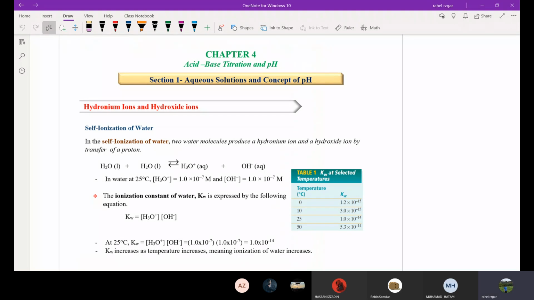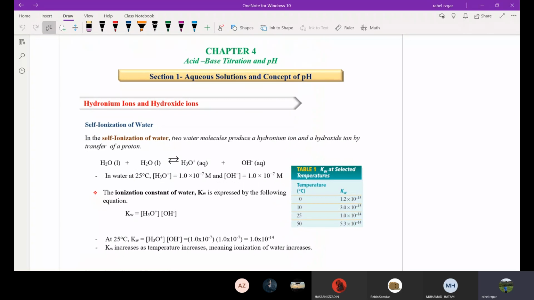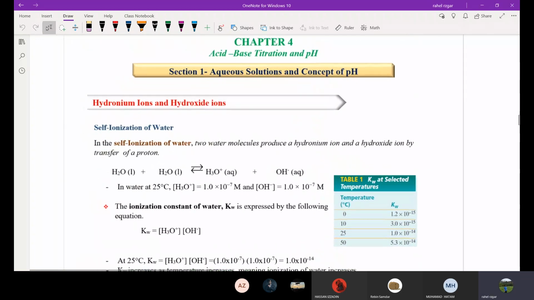If you remember in chapter 1, we said water does not conduct electricity. But actually, after very accurate experiments, they concluded that water can conduct electricity, but very slightly.